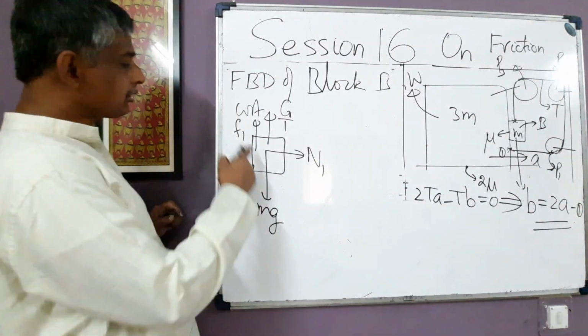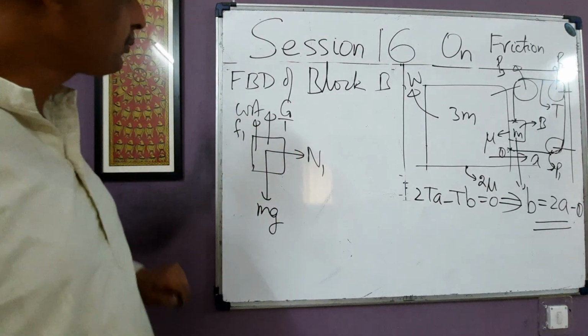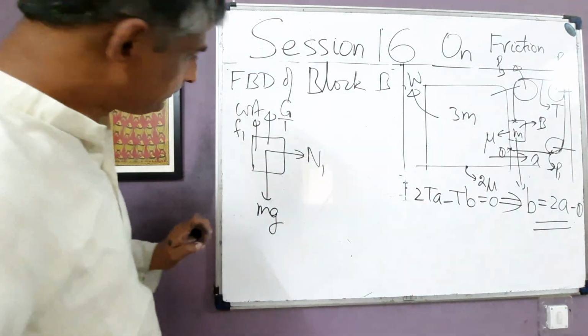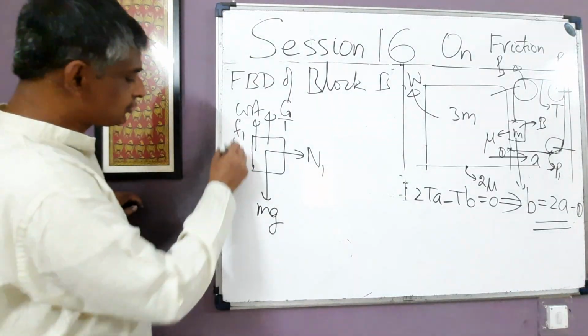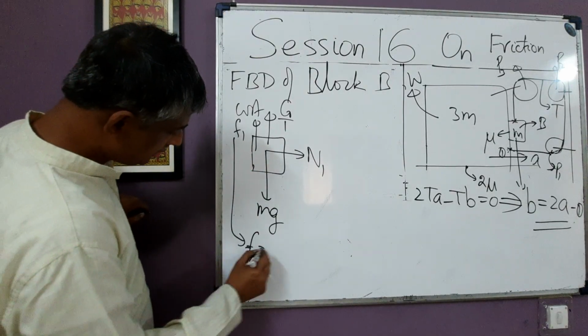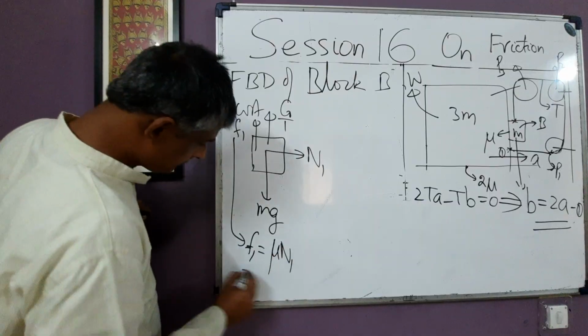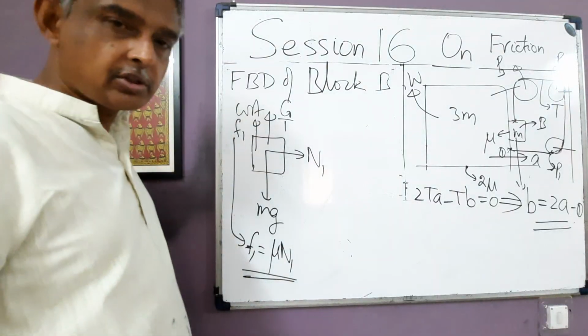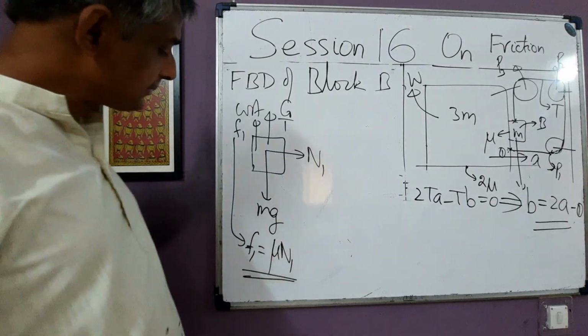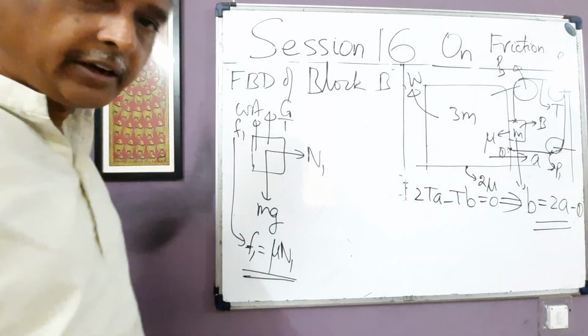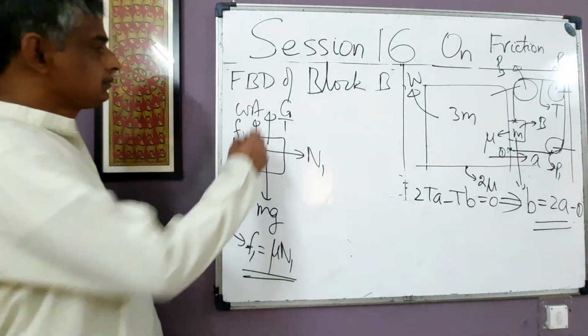These are the only forces acting on the block B. Now here slipping is taking place, so F1 will be written as mu times N1. F1 is equal to mu times N1. Alright, fine.